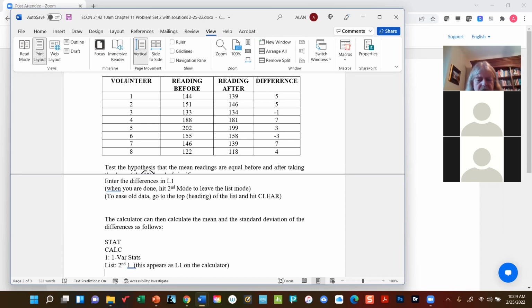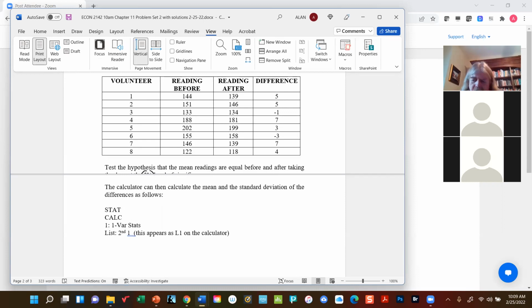And then it'll produce a list of statistics based on that data. The first one, X bar, is what we're calling D bar, which is 3.375.